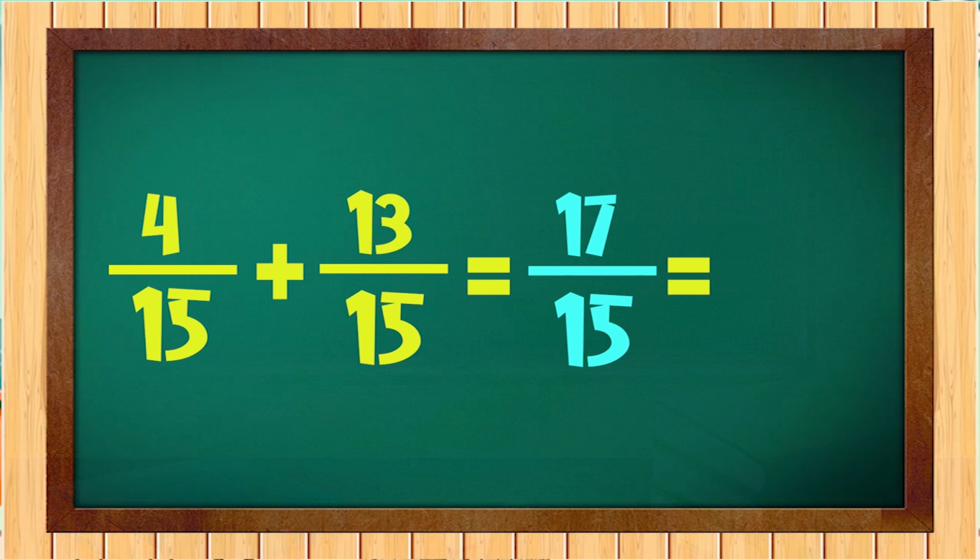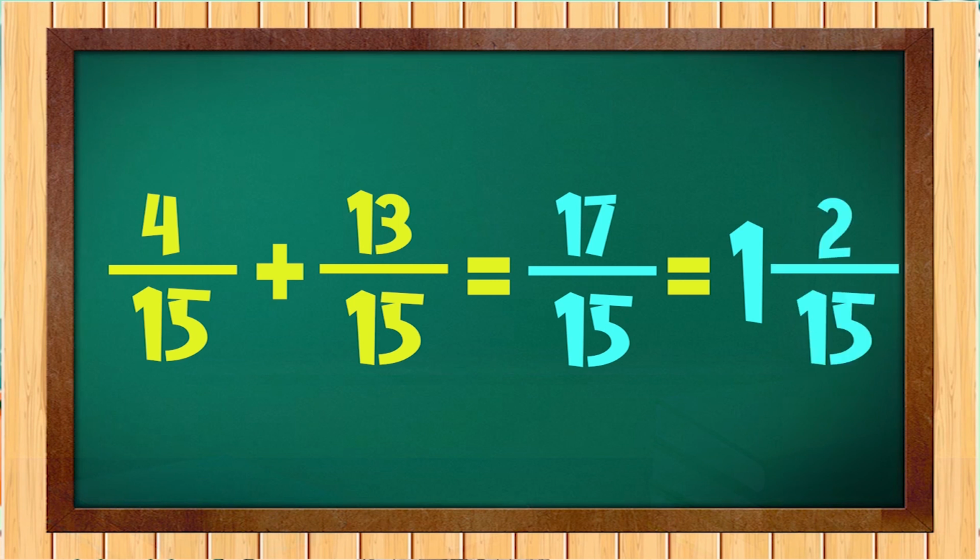So, let's change this improper fraction to a mixed number. I'm sure you remember how to convert an improper fraction into a mixed number as we did it in a previous lesson. How many groups of 15 are contained in 17? 1. One group of 15 is contained in 17 with 2 remainder.